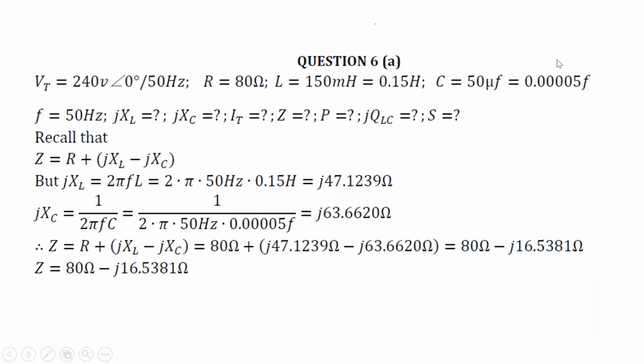Our capacitor is 50 microfarad, which is equal to 0.00005 farad. Then the frequency is 50 Hz. We are told to find the inductance, capacitance, total current, impedance, real power, reactive power, and the apparent power.